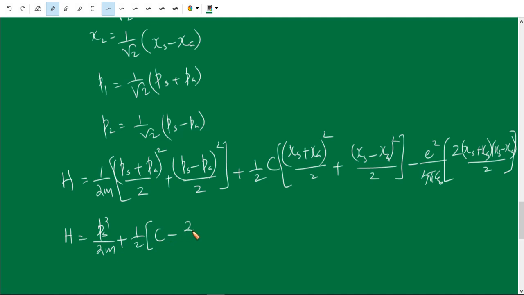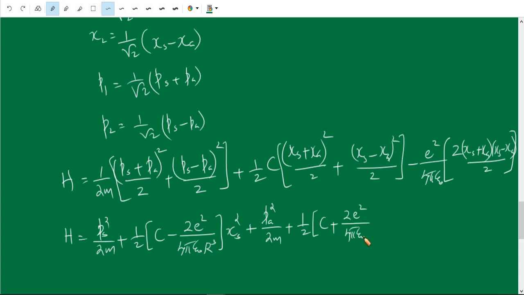minus 2e square by 4 pi epsilon 0 r cube into xs square, plus pa square by 2m plus half c plus 2e square by 4 pi epsilon 0 r cube into xa square.